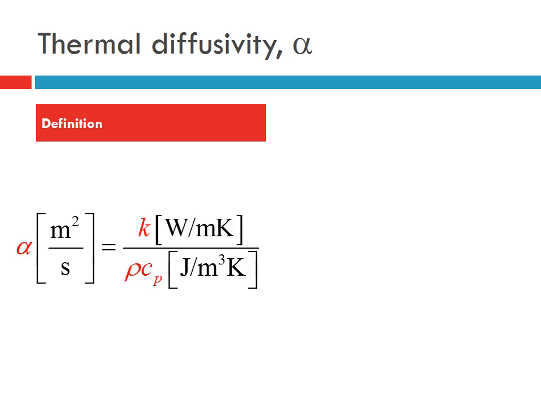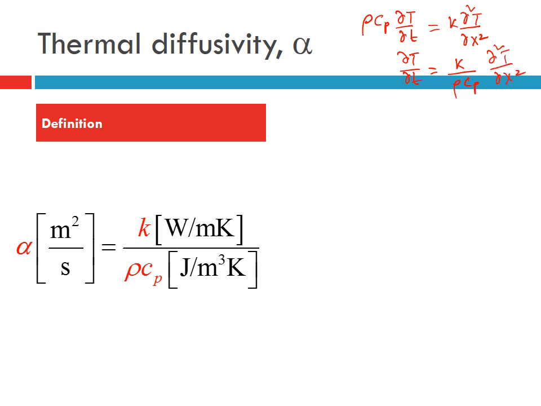Now I want to just mention this other property called thermal diffusivity. You recall the heat equation looks like this, right? If I have no convection, no heat generation, then it looks like this. So del T del t is K over rho Cp del square T del x square.